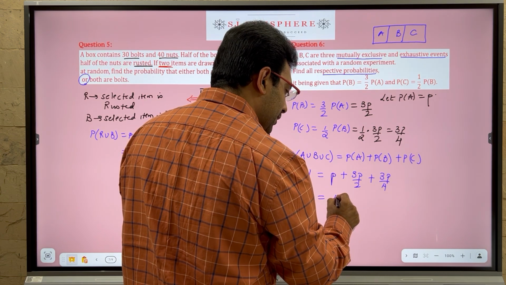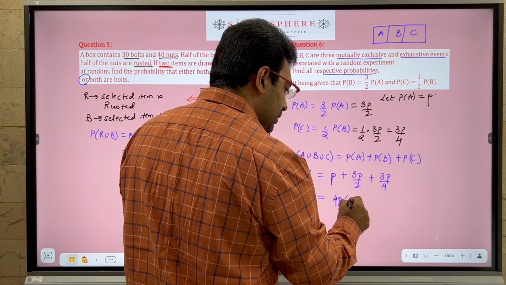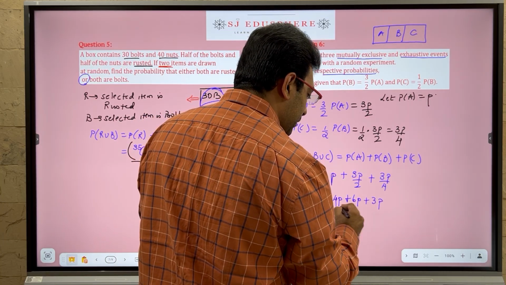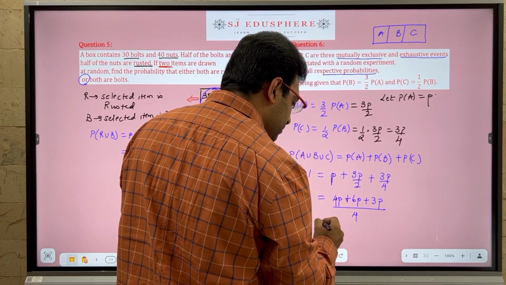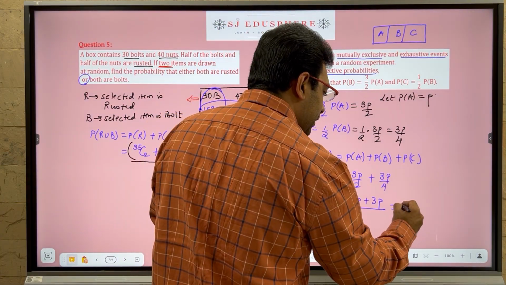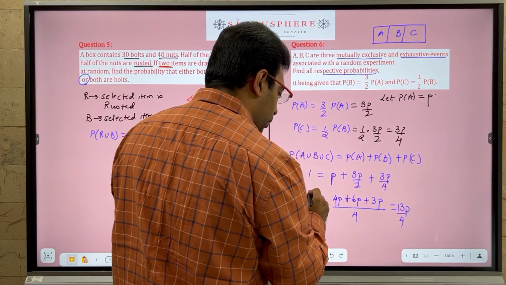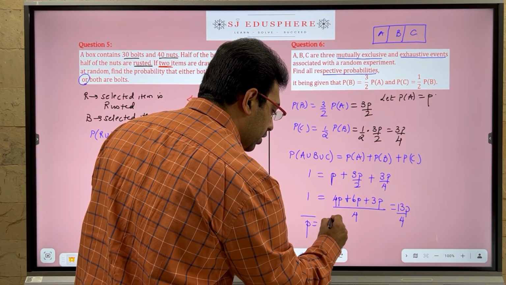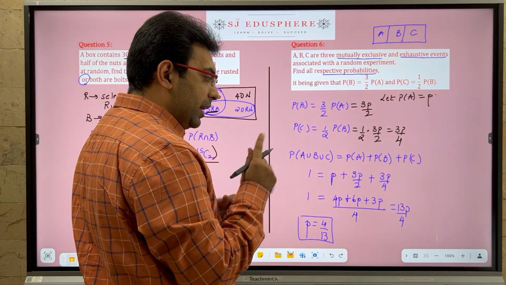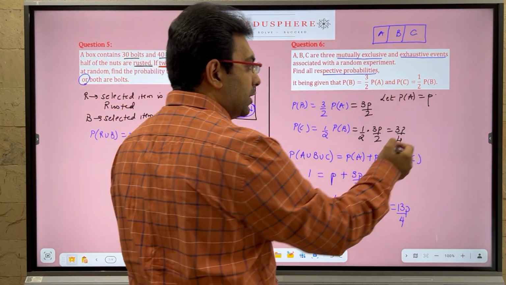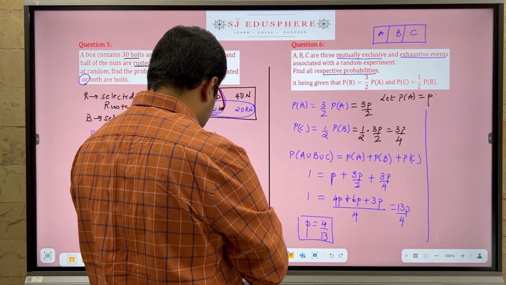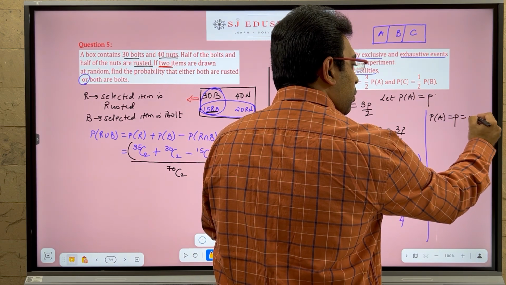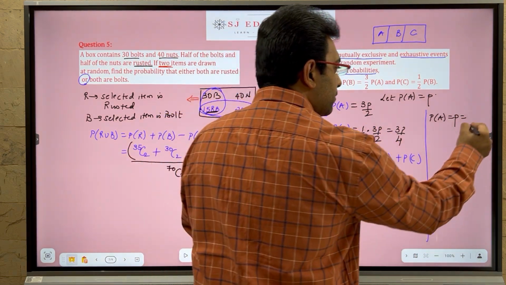On taking LCM, I have 4P plus 6P plus 3P upon 4, which gives me over here 13P by 4 is 1, and hence my value of P is 4 upon 13. So if I take this part over here further, they are telling me to find all the probabilities. So do I know probability of A, which is P, which will be 4 by 13?